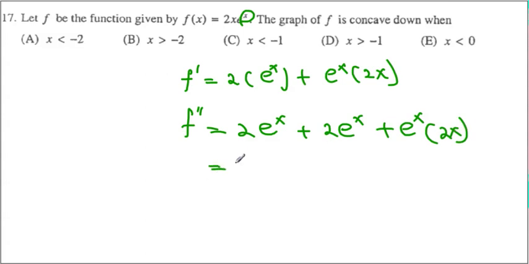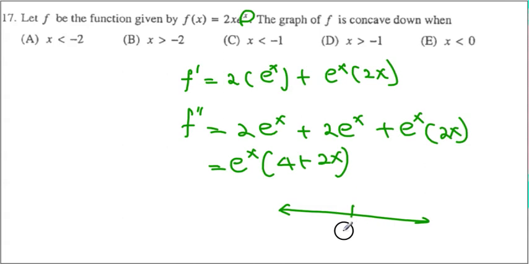So when you factor out e to the x, we'll end up getting 4 plus 2x. So in this case, for what value will this be concave down? Obviously, x being at negative 2, we can figure out the concavities regarding the values around it.